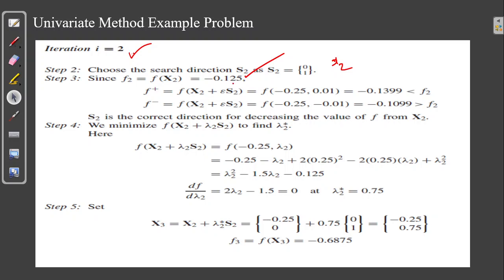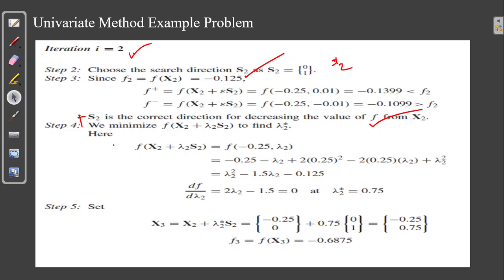Then in step 3 we choose an arbitrary length epsilon, that is 0.01, to see whether the direction S2 is positive or negative. And yes, the positive direction of S2 is the correct direction for decreasing the value of f, which we found in step 3.